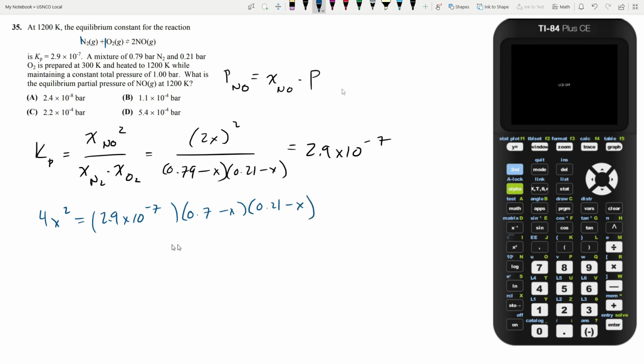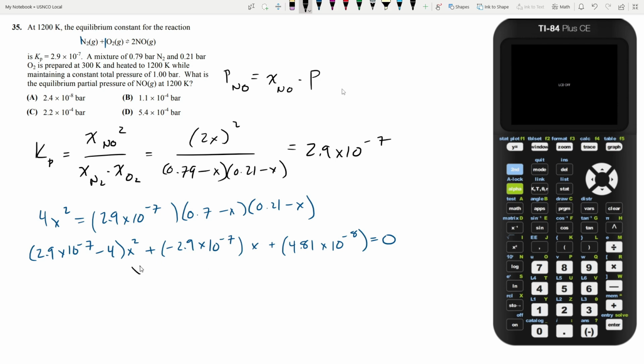And if you notice, this is a quadratic equation. It's not a very nice one, but this is very solvable, especially because you're given a calculator on the test. It might be easier for you to digest if you write it in this form where these are your coefficients for the x squared, x, and constant term. But you can use the quadratic formula and you can solve for this and you'll get two values for x.